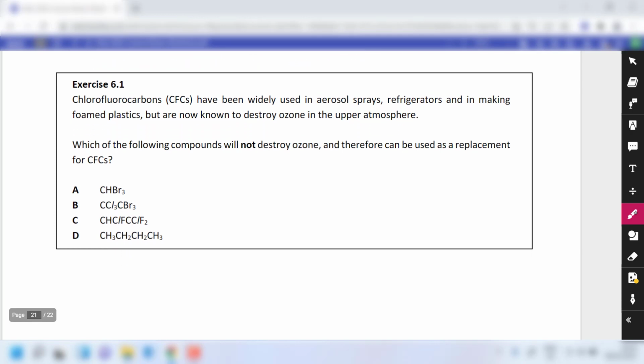You were told that CFCs have been widely used in aerosols, sprays, refrigerators, and in making foamed plastics. Now known to destroy the ozone layer. So which of the following will not destroy the ozone layer, and can be used as a substitute?